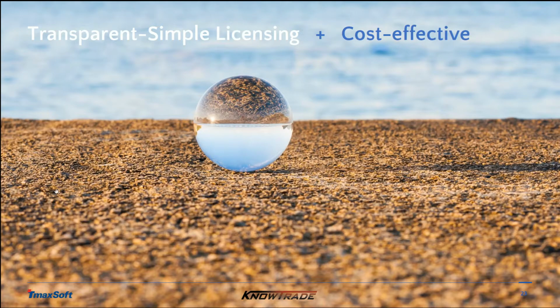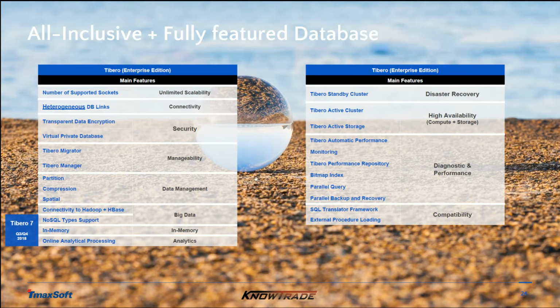Of course, Tibero comes with a very transparent and simplified licensing model, and it makes it very easy for customers to understand that they just have to select the edition they want, and they have a set of features that will for sure make them very satisfied. It's very fair.